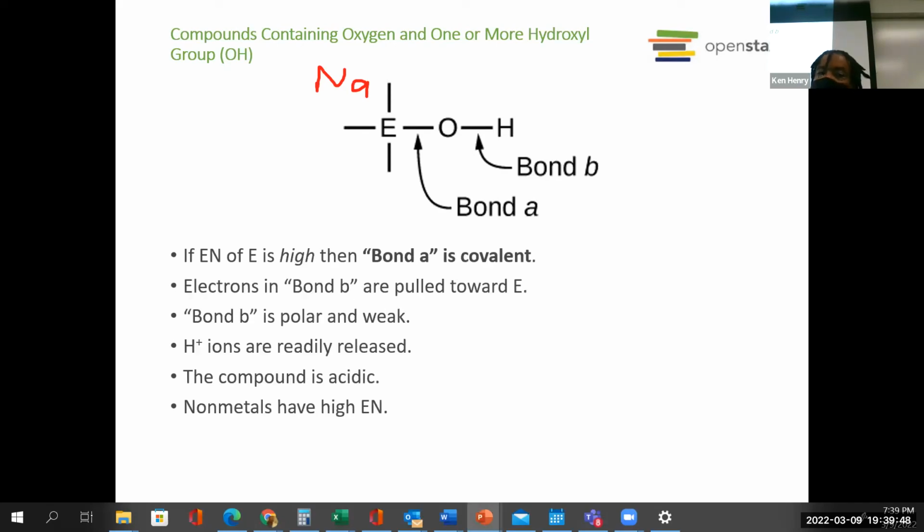If the electronegativity is high, then bond A is going to be covalent, and so we're going to get pulling at bond B. That's going to give us our acids. An example of that: obviously, if it was F there, it's going to be pulling here, right?